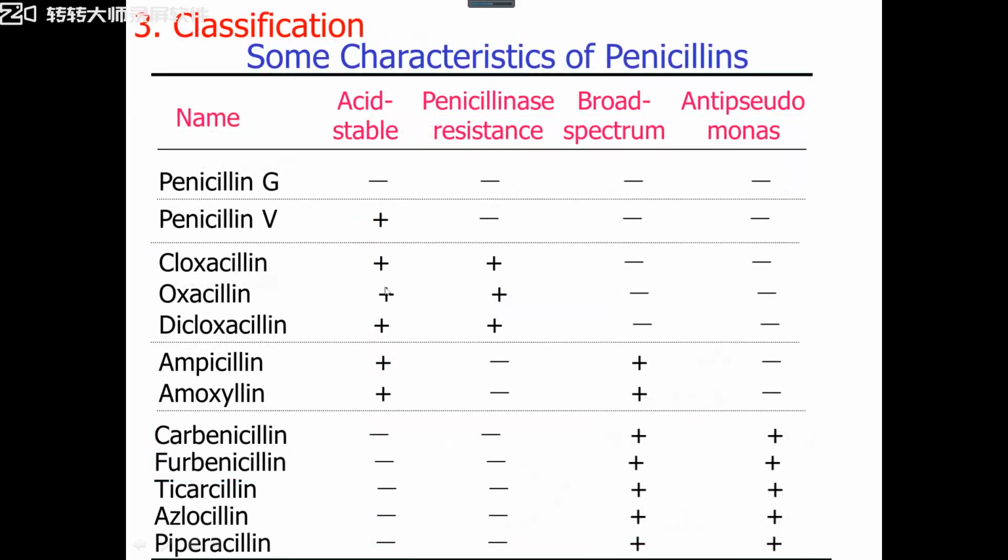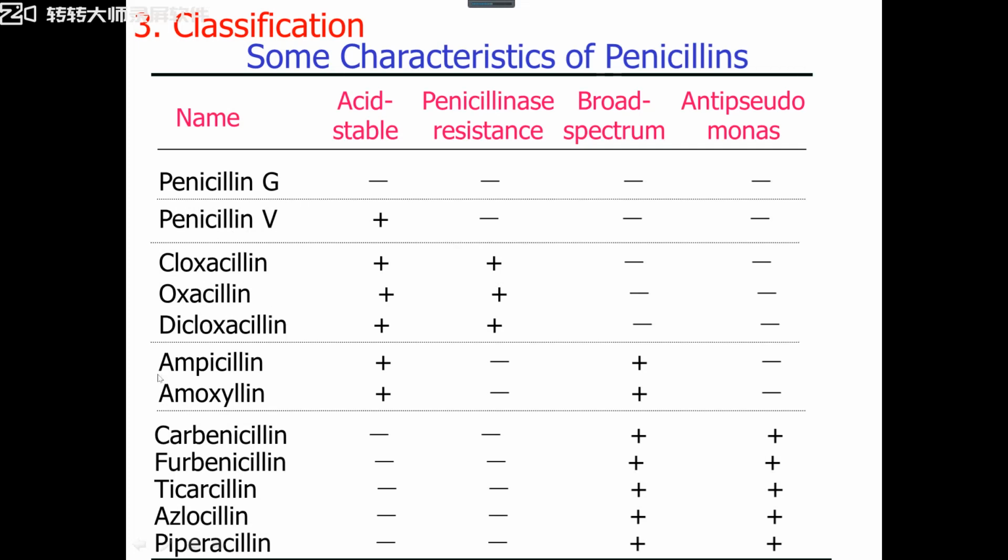Just now, we studied these semi-synthetic penicillins. And last class, we studied natural penicillin G, narrow spectrum penicillin. And then we studied acid-stable penicillin, which can be given by oral administration. And the second semi-synthetic penicillins, cloxacillin, oxacillin, acid stable and penicillinase resistant. We call them penicillin-resistant penicillins.